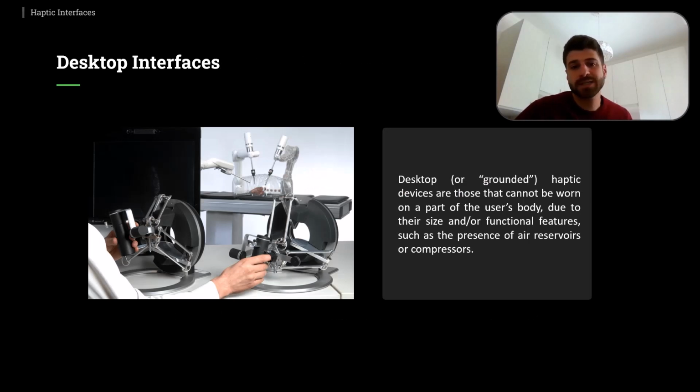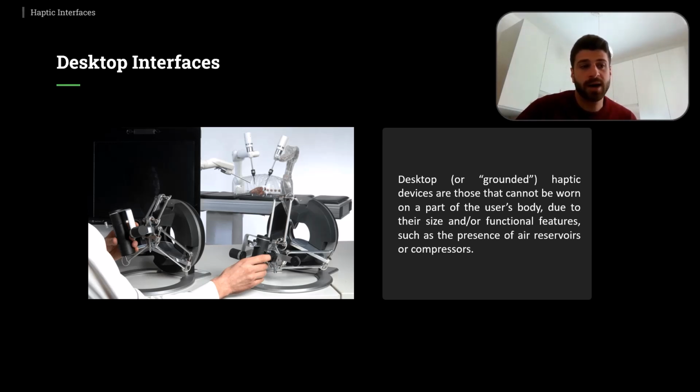The desktop interfaces, as shown in this picture, are the ones that, due to their size, weight, and structure, cannot be worn by a human, but need to be placed and grounded to a surface or a wall or something like this in order to be used.